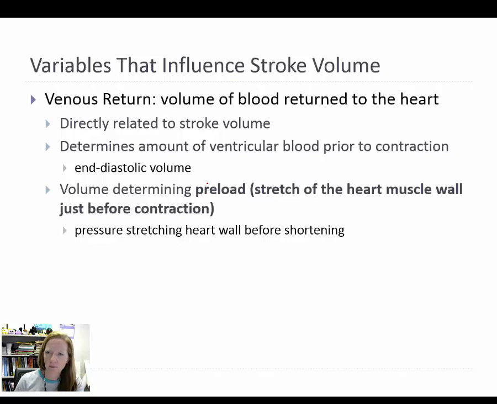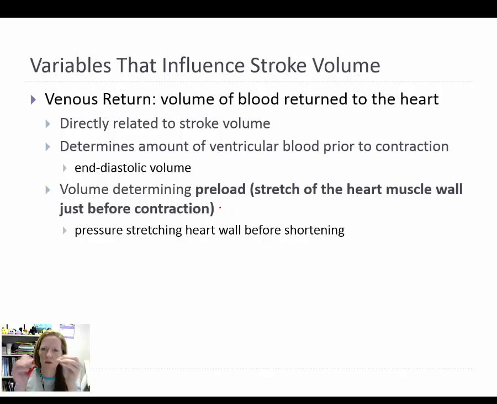We have to look at the very beginning of the circuit, because whatever is returning at the beginning is going to determine everything that flows eventually from that left ventricle. So this volume returning to the heart is going to determine something called preload.